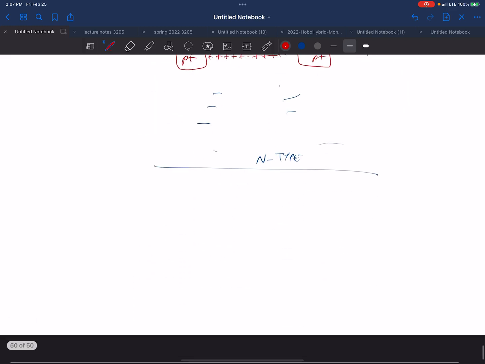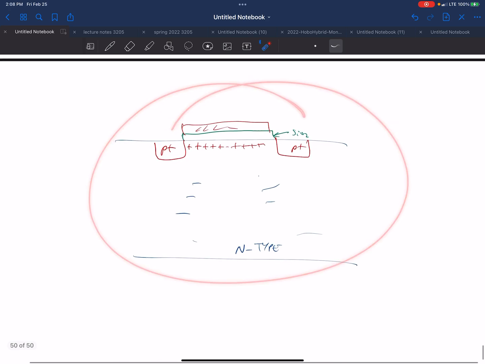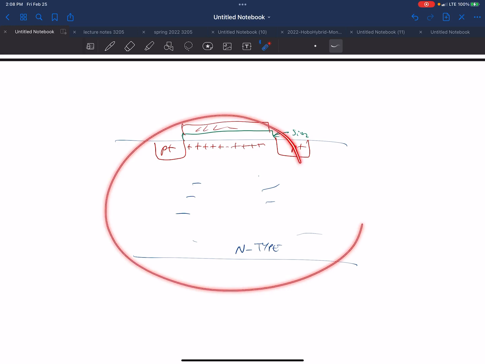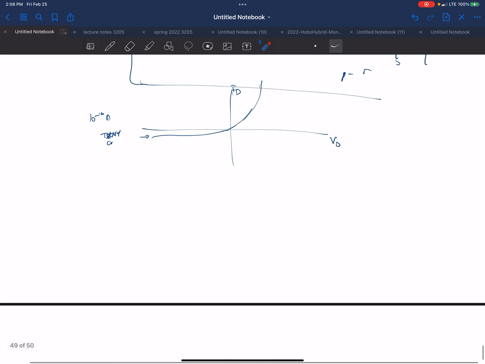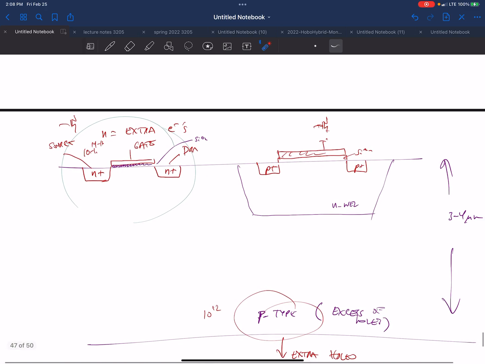I'm trying to create this N-well locally, to build this device. My substrate was already P, so I'm just kind of stuck. I have to make a mini well here. So that's an N-well. Why is it called a well? I'm not sure, historic reasons. So if you want a PMOS in P-type silicon, you need an N-well, and vice versa.